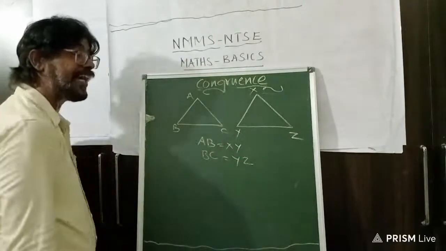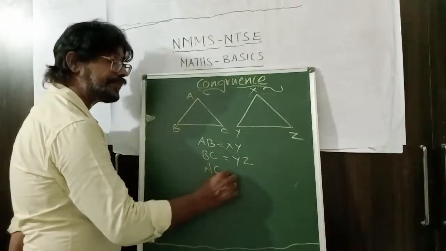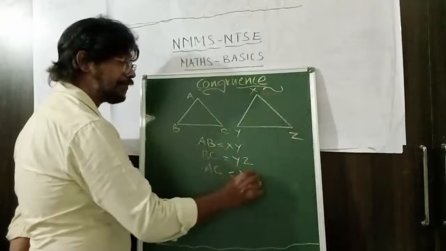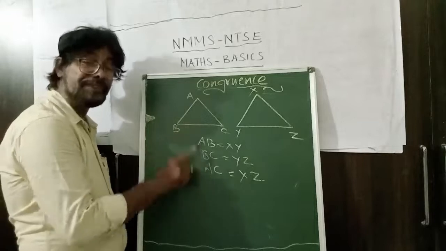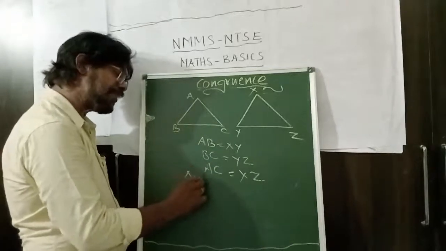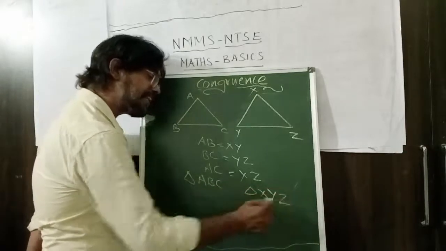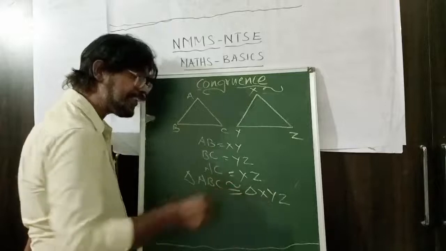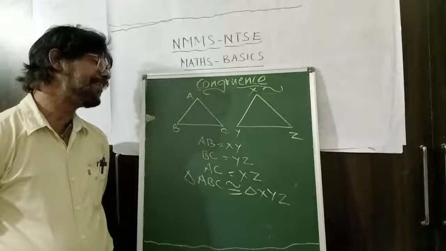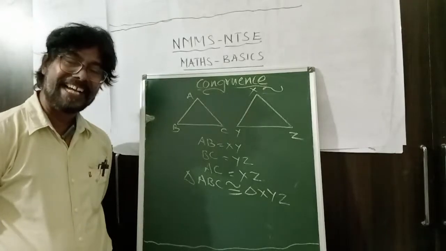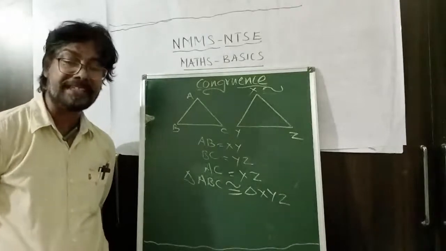The sides BC and YZ are equal, and side AC is equal to XZ. Then we say these two triangles, triangle ABC and triangle XYZ, are congruent to each other. Understand?